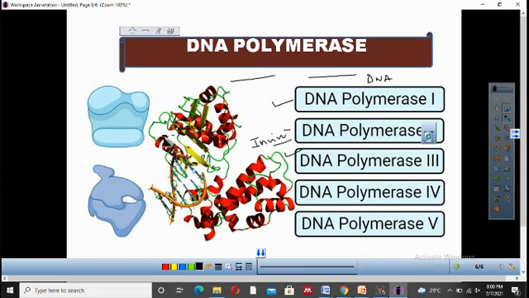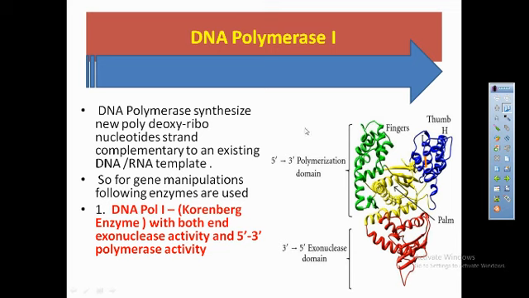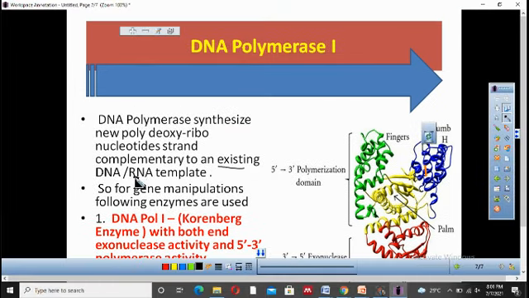Okay, and these are the 3D structures where you can see the helix, beta pleated sheets, and other structures like that. So DNA polymerase 1, as the name itself dictates, is the DNA synthesizing enzyme. And for this DNA synthesizing enzyme, we always need an existing strand. So without an existing template strand, the polymerization cannot take place.